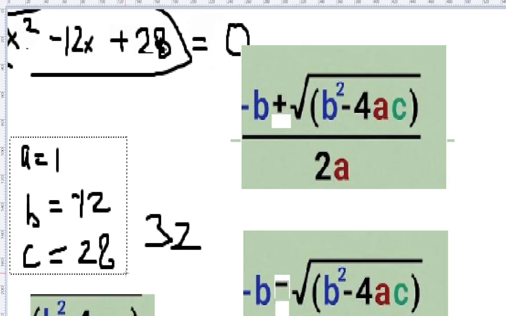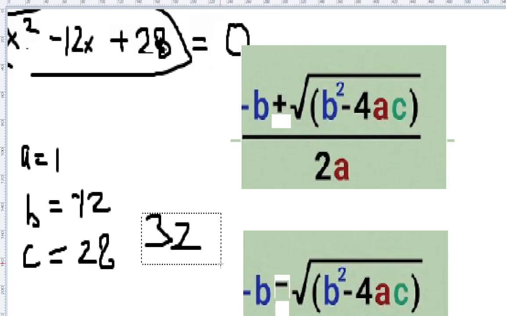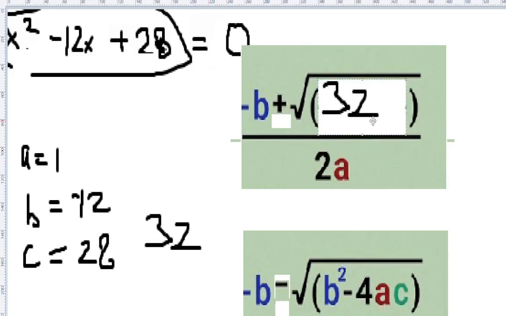Just going to make sure I got my math right there. 56, 112, 144 minus 112 is 32. That means I can replace this part of the equation with the number 32 here and here. I just need to come up with the square root of 32, and we won't, because sometimes your teacher wants the exact answer.